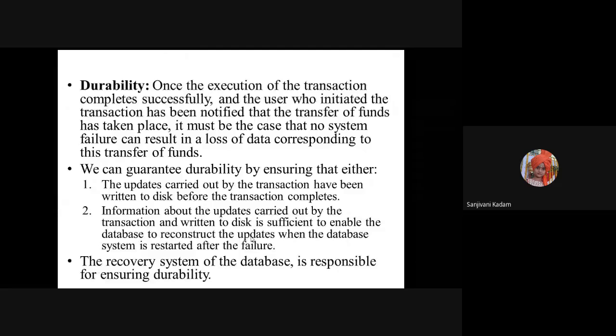So whenever we write these transactions to the disk, there should be enough information to reconstruct the database. This is a part of the recovery system that maintains durability. We cover this in much more detail in the 8th chapter.